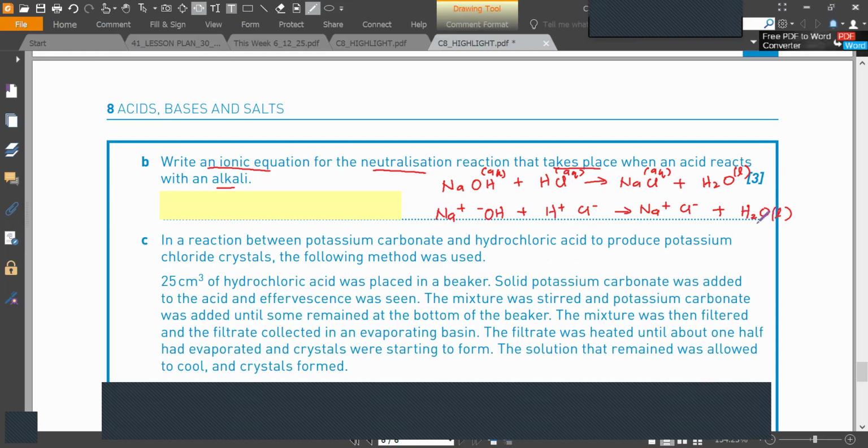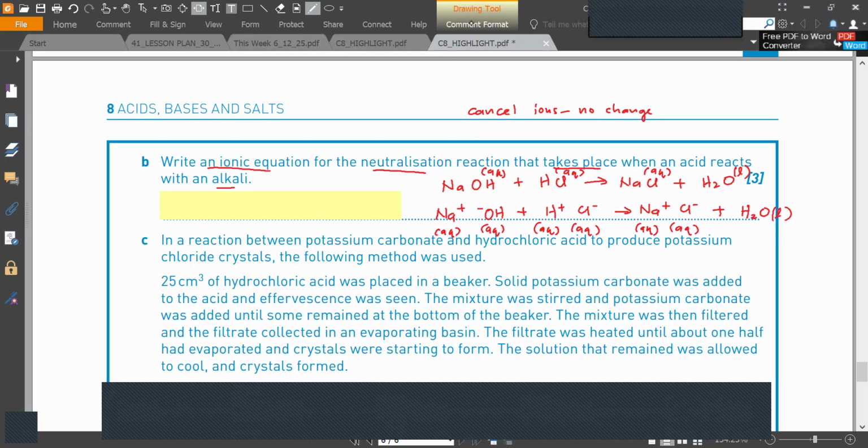So now for the ionic equation, what we need to do is cancel the ions that have no change. These are all aqueous, and aqueous means soluble in water.